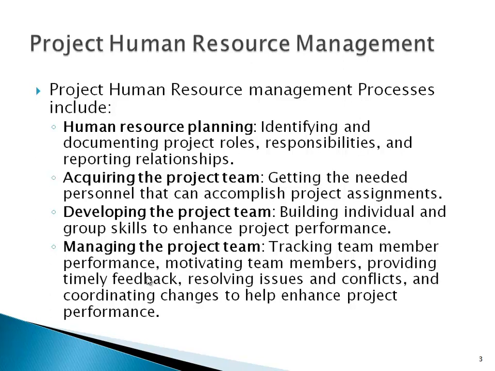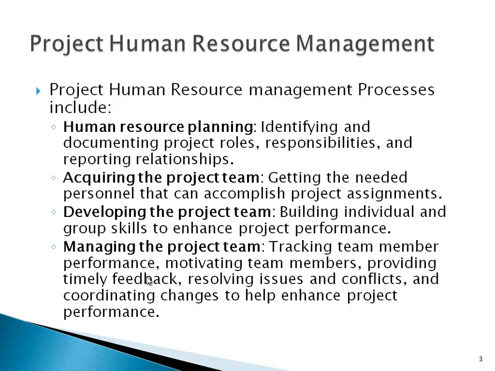And we are going to see a histogram that will show that later on in these slides. The project human resource management actually includes 4 processes. The first process is the human resource planning. So first we need to plan for the resources that are needed to accomplish the project or project activities.